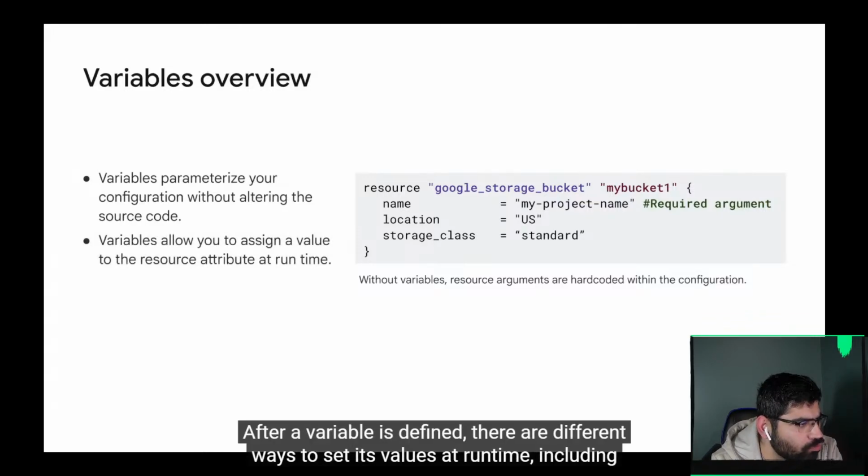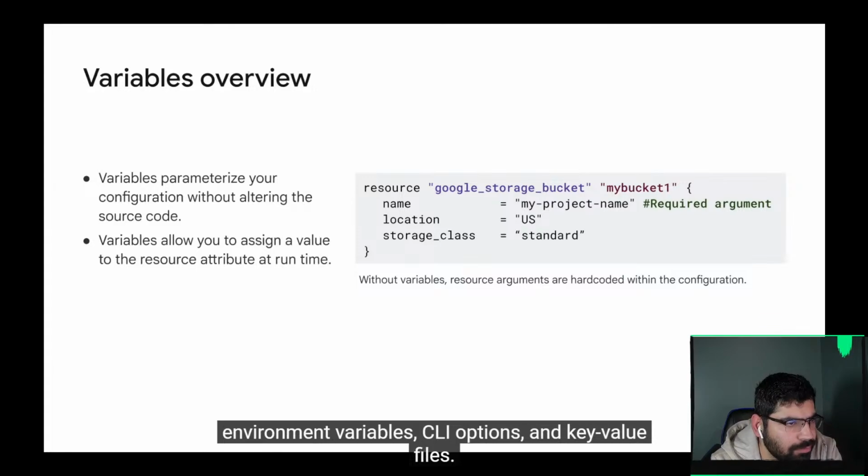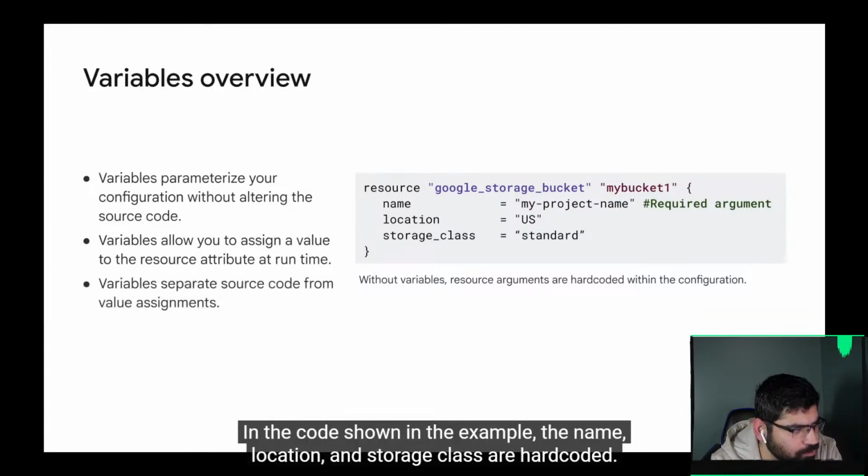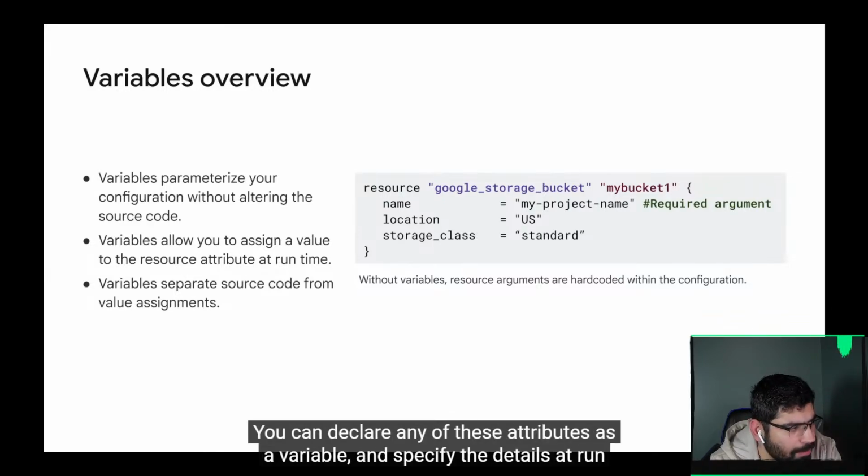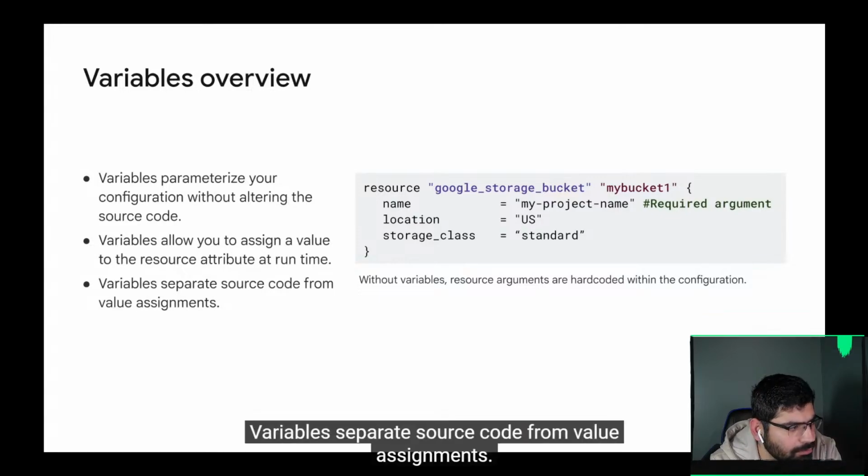After a variable is defined, there are different ways to set its value at runtime, including environment variables, CLI options, and key value files. In the code shown in the example, the name, location, and storage class are hard-coded. You can declare any of these attributes as a variable and specify the details at runtime. Variables separate source code from value assignments.